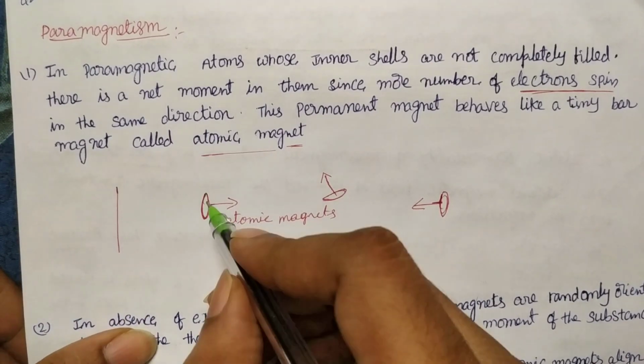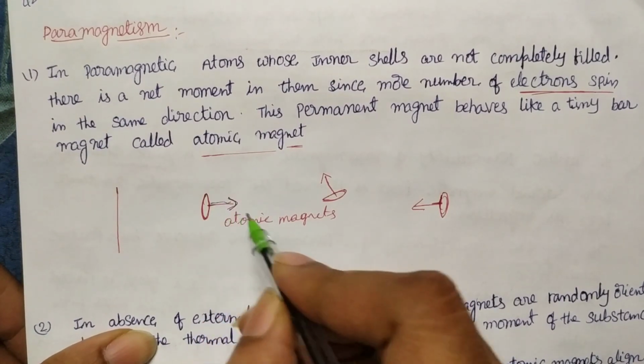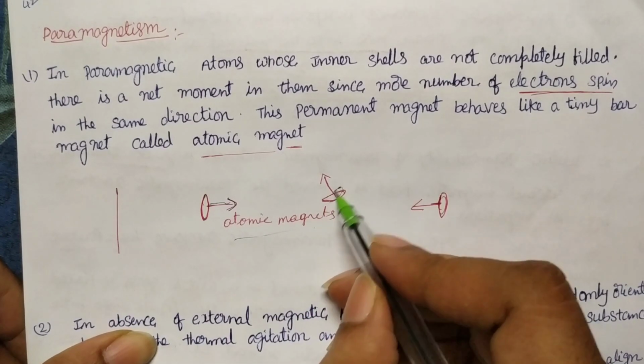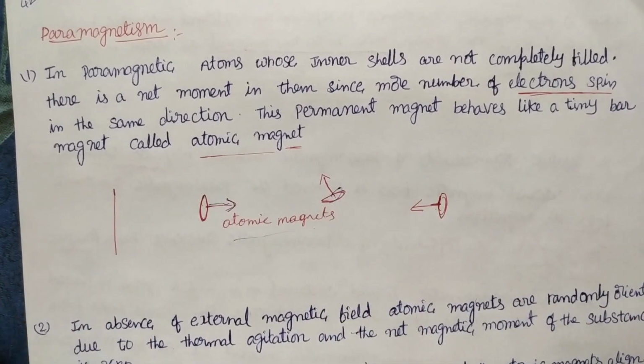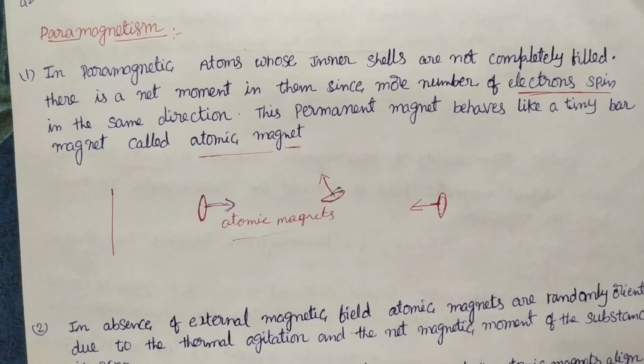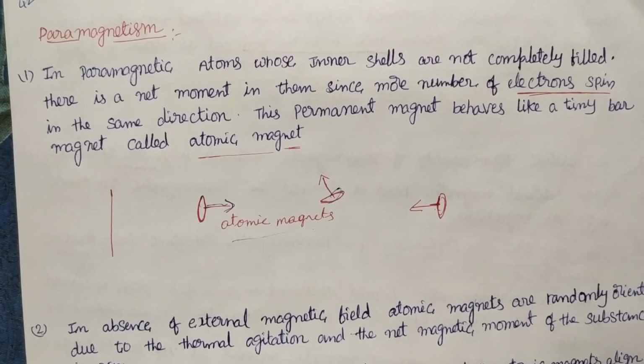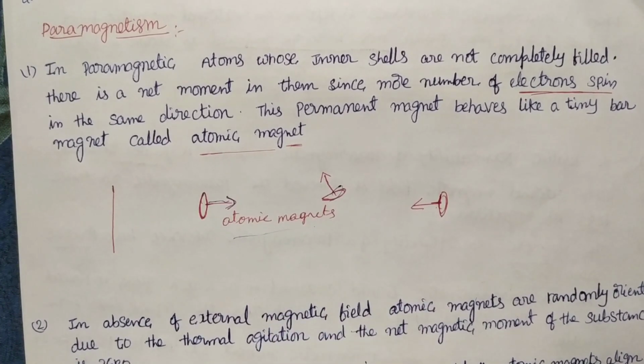Suppose one of the electrons is spinning like this, it gets a magnetic moment like this. This is what we call an atomic magnet. Each and every atom, if only one electron is in its outermost orbit, behaves like one small magnet. That's why they are called atomic magnets.